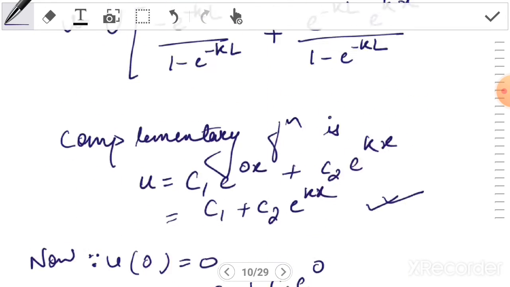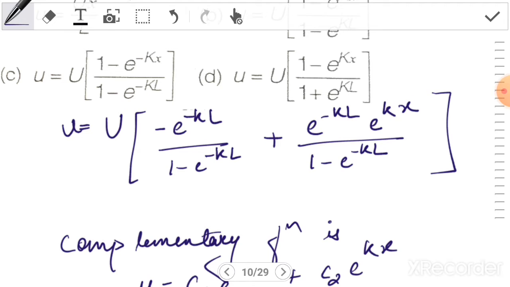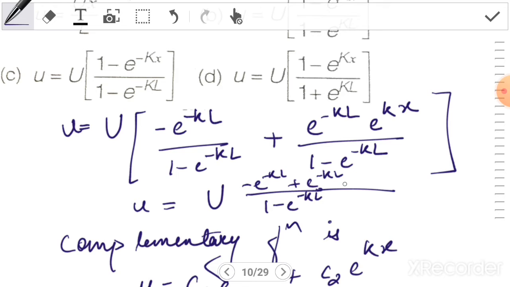Now taking LCM we have, so if you solve this you will get capital U, 1 minus e power minus kl minus e power minus kl plus e power minus kl e power kx.